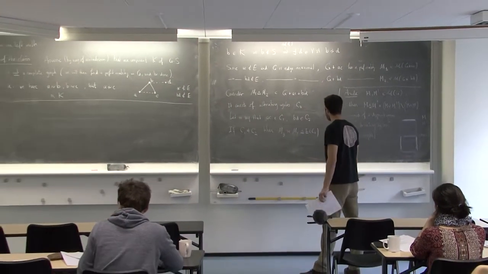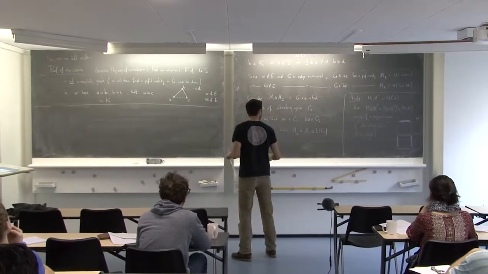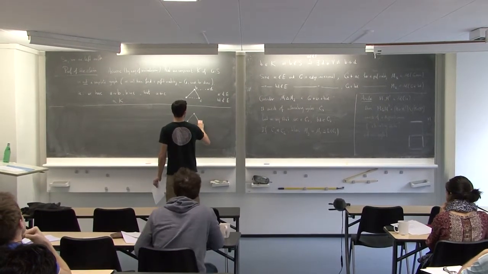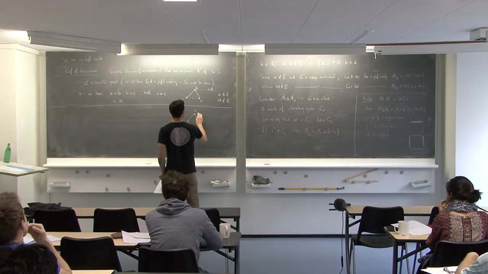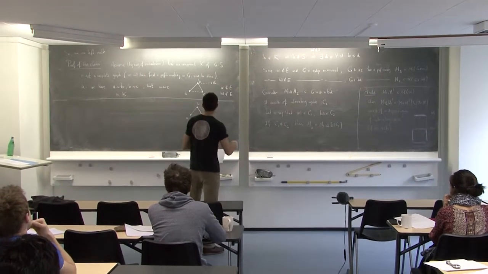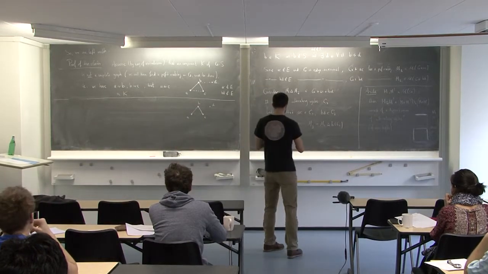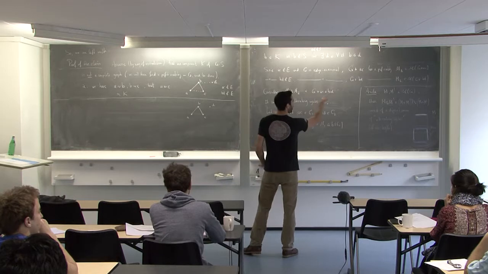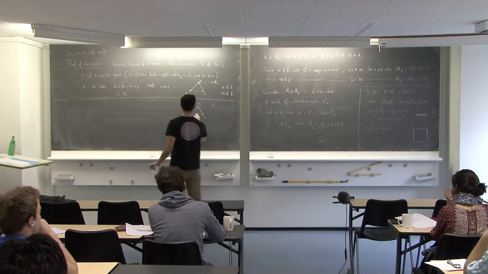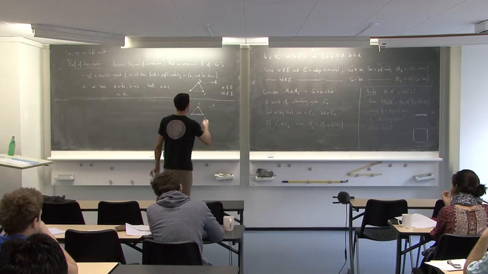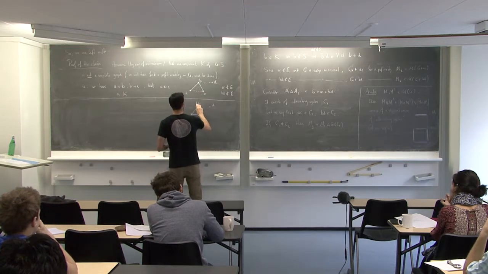Okay, so what do we have here? We look at M1, and M1 has AC. Okay, and then it links the other one like that.